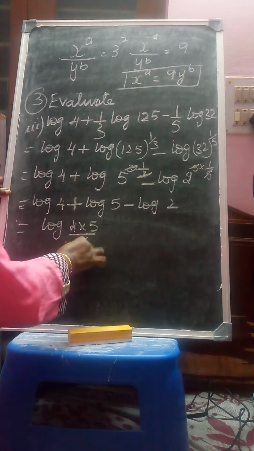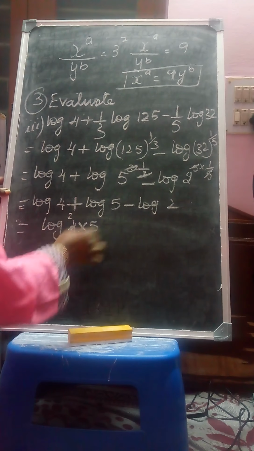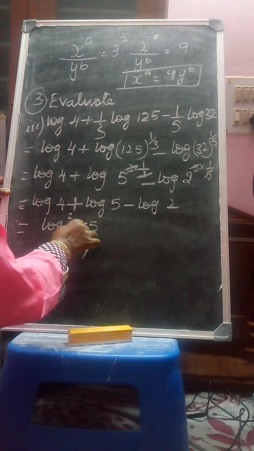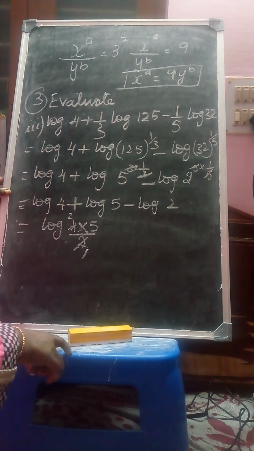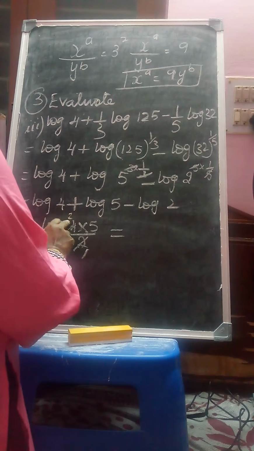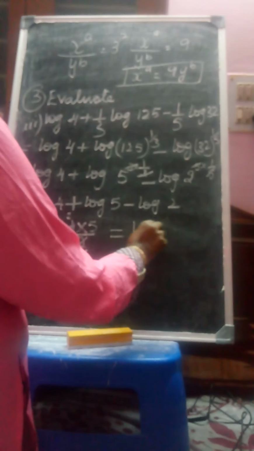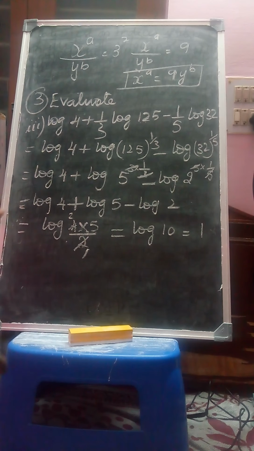Now 2 ones are 2, 2 twos are 4. See, when it is a multiplication like this, children, you can cancel it. But when it is a plus or a minus, you can't cancel from here to here. Okay? You people are making that mistake every now and then. Now 2 5s are 10. Log 10. What is log 10? It is 1. Okay?